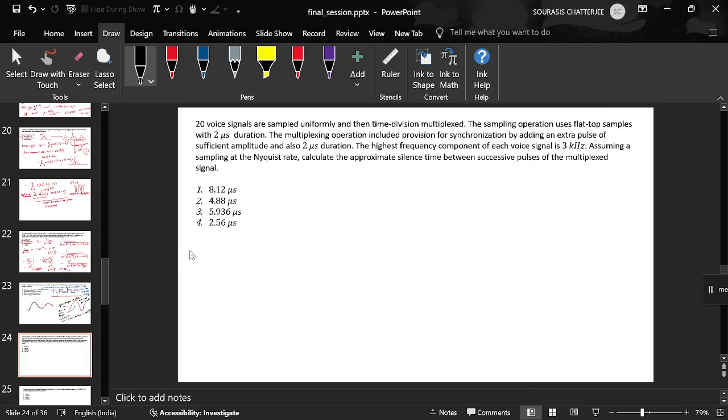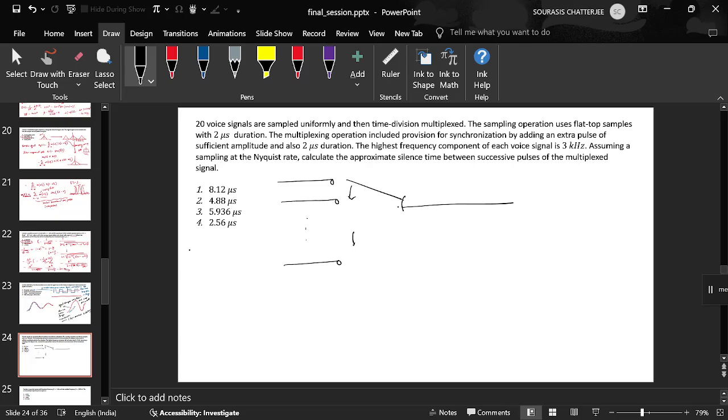So next we move to our question concerned with time division multiplexing. You have already seen that we can multiplex a large number of signals and transmit them over the same time frequency resources. How we can achieve that is via a commutator. Let's say this is signal 1, this is signal 2, like up to signal n. So we have a commutator here which goes from here to here and here to there.